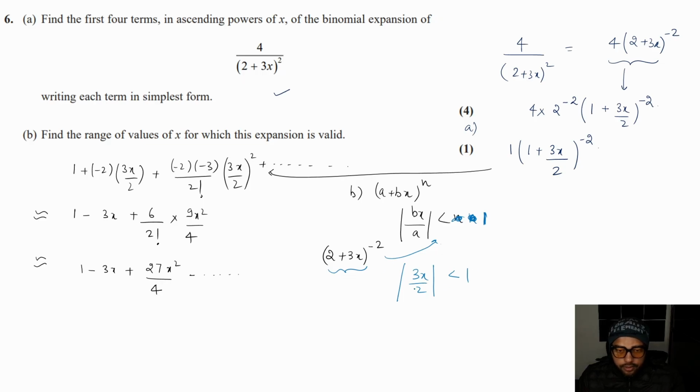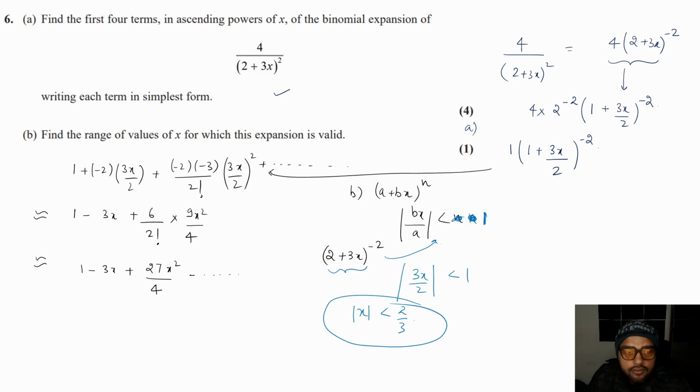So from here we can see that the modulus of x will be less than 2 by 3. For the expansion to be valid, the modulus of bx by a must be less than 1. Only then will the expansion be valid here.